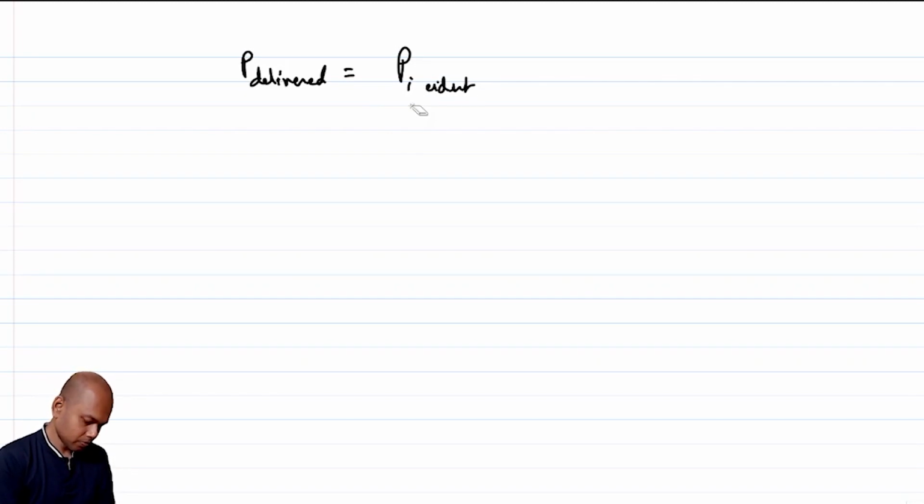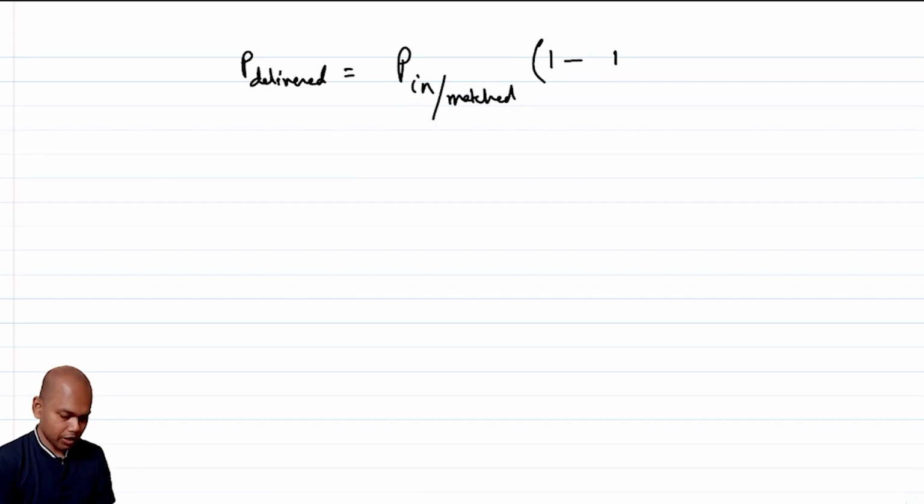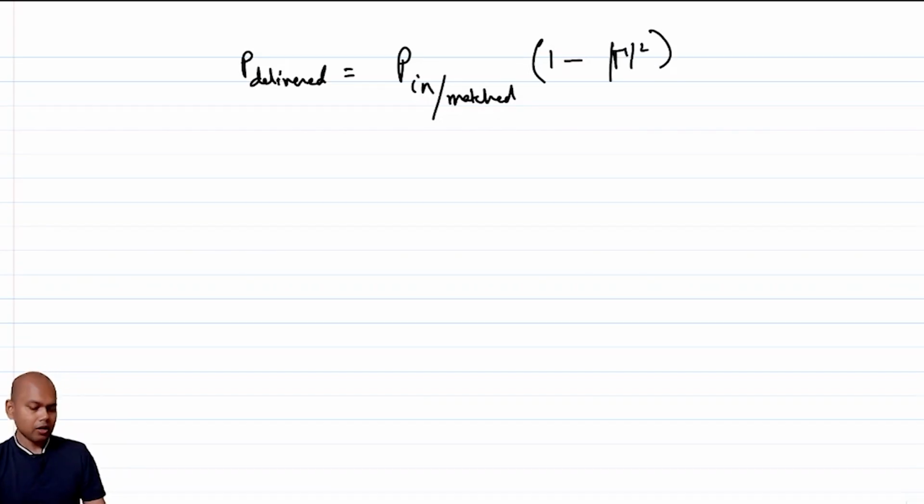So the power delivered is nothing but the power incident, or rather the power under matched condition, P in under matched condition, times 1 minus gamma squared, right?